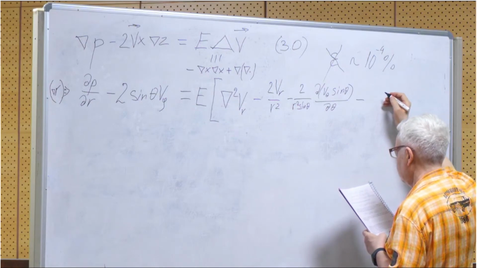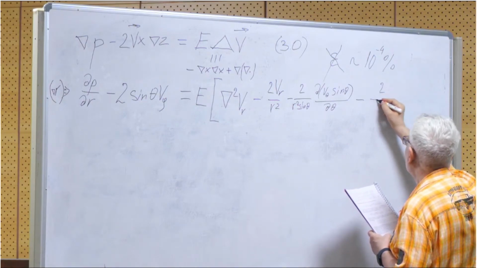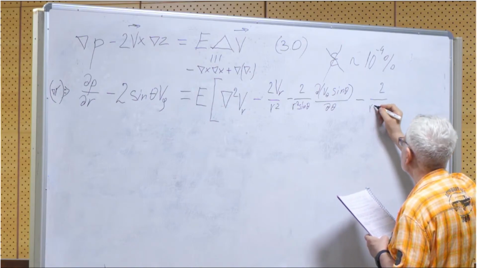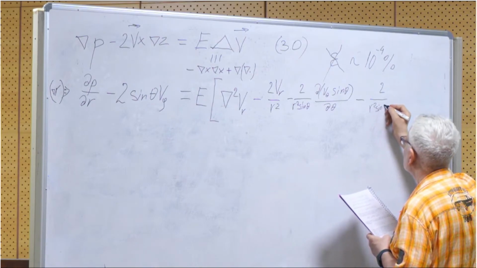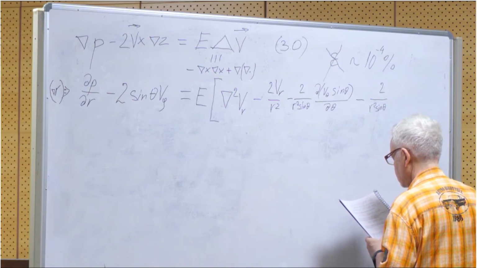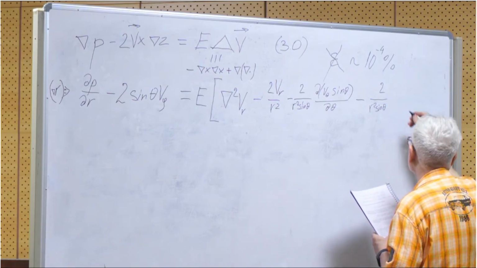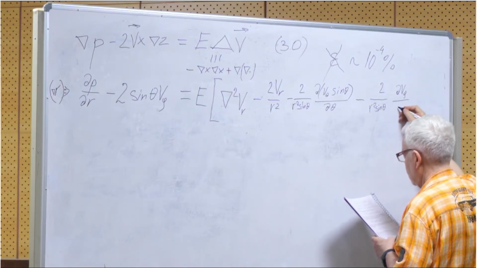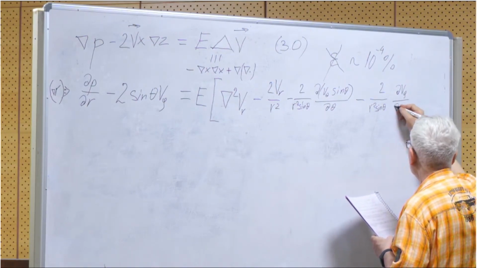And the final azimuthal component here is differentiated by d phi.